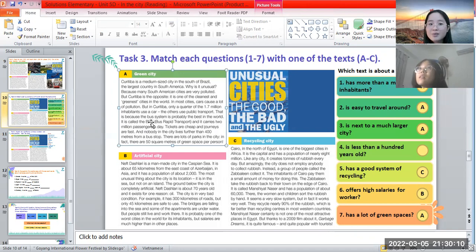That means in Green City, the transport is very easy to travel around because the bus system is the best. The tickets are cheap and the journeys are fast. That means people can travel around very easily.